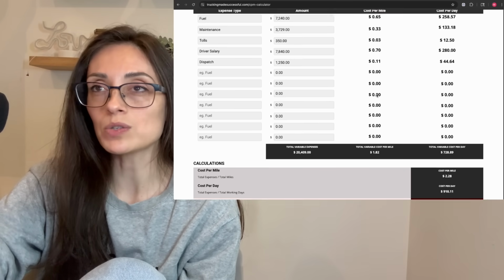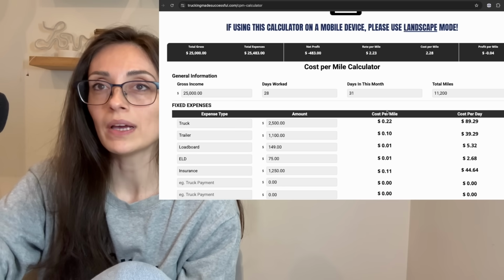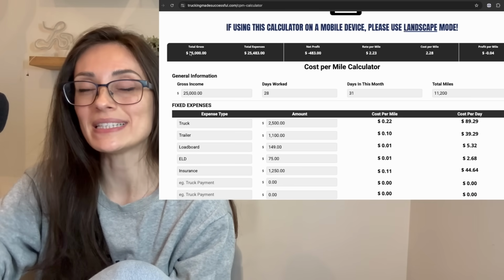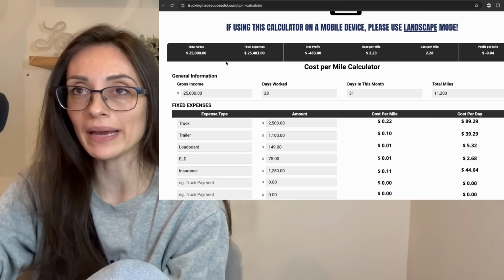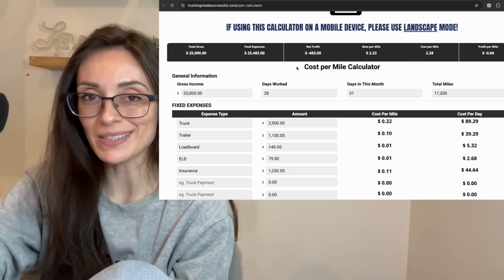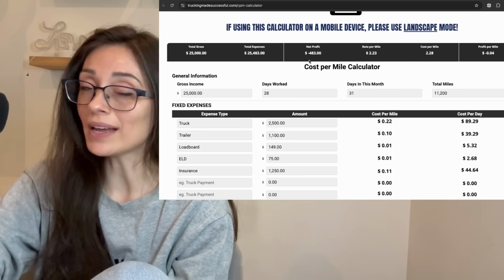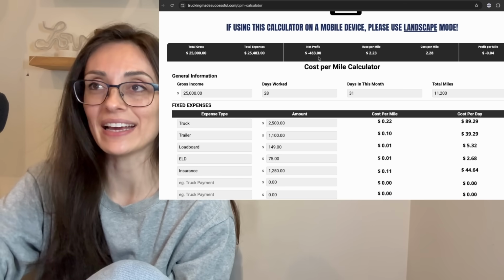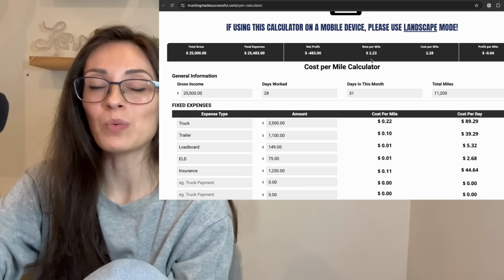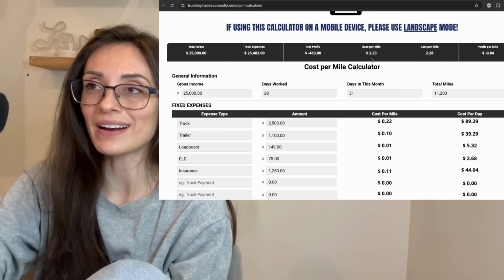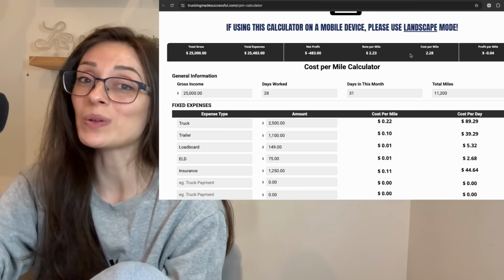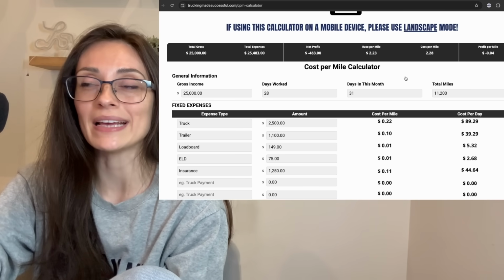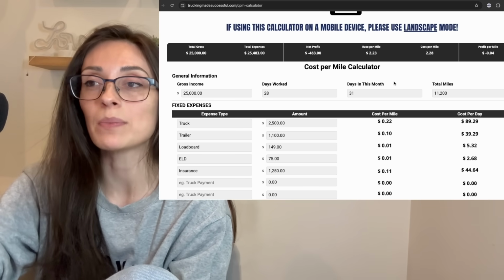Now, if we scroll to the top, we see the total gross, how much money you made, how much money you spent, total expenses, and your net profit, which is negative here, $483 negative. The rate per mile was $2.23 on average. Your cost per mile is $2.28 on average. So your profit per mile is negative 4 cents per mile.